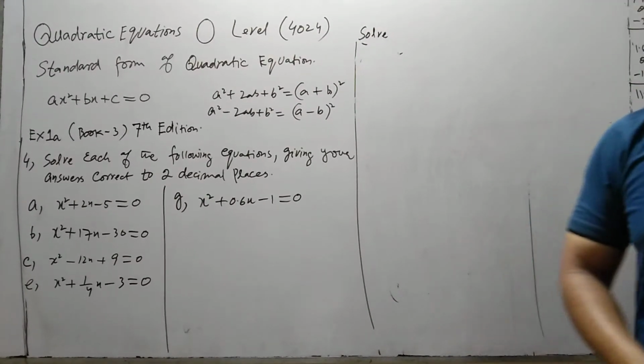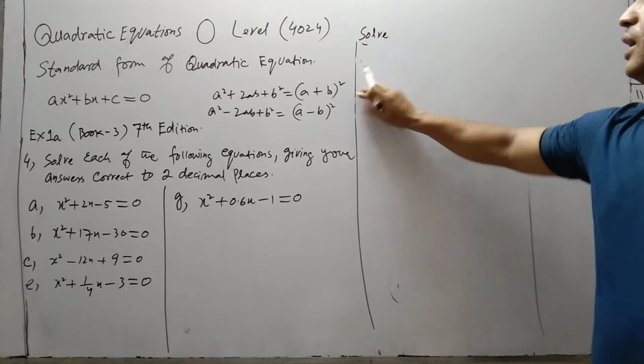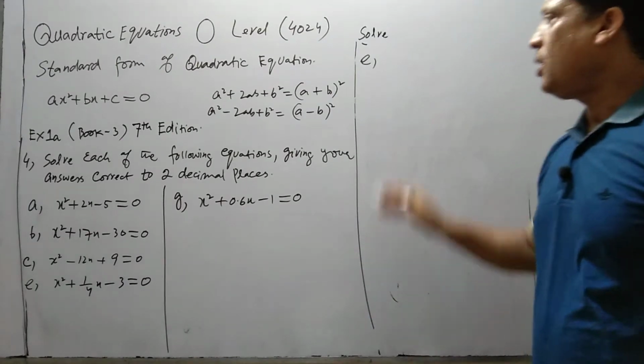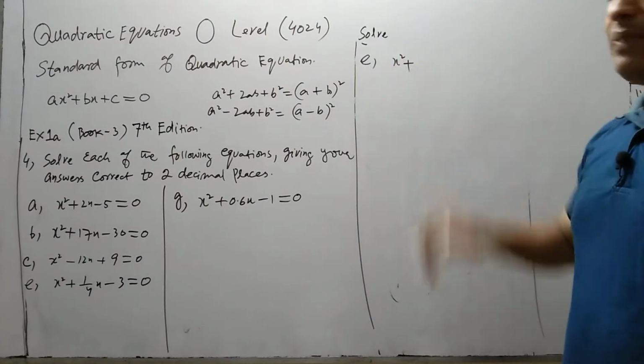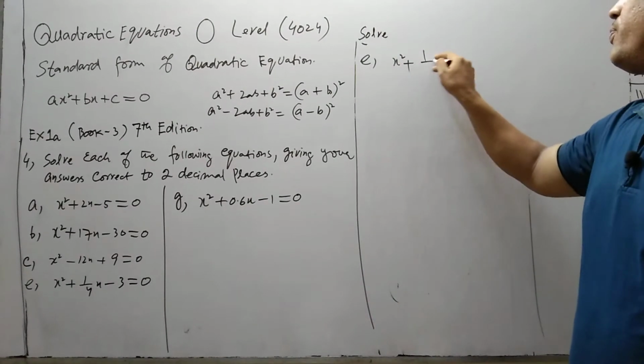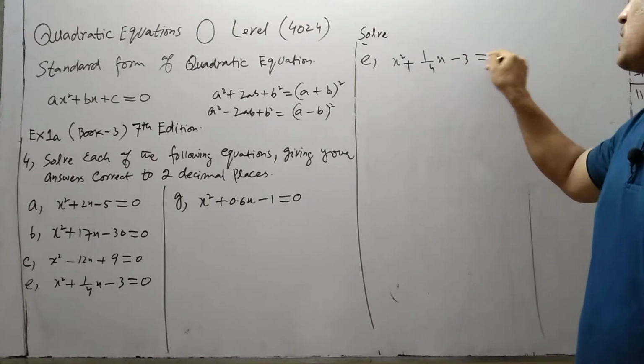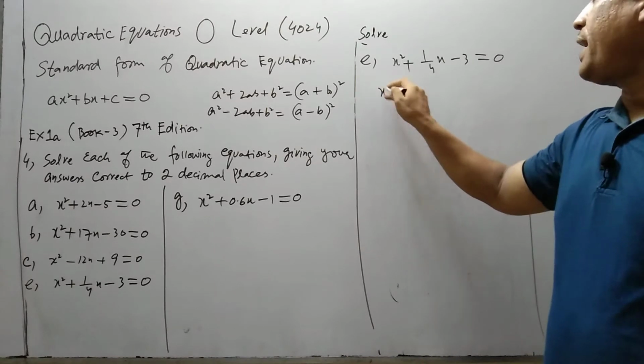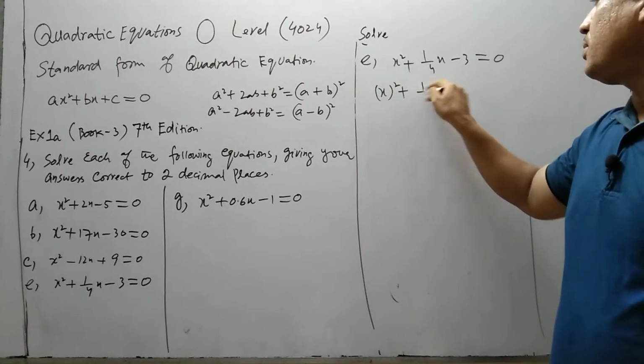The next part is part E. Now, I hope you can do all parts of the method of completing the square. x² + 1/4 x − 3 = 0. What you have to do? Write x², same.